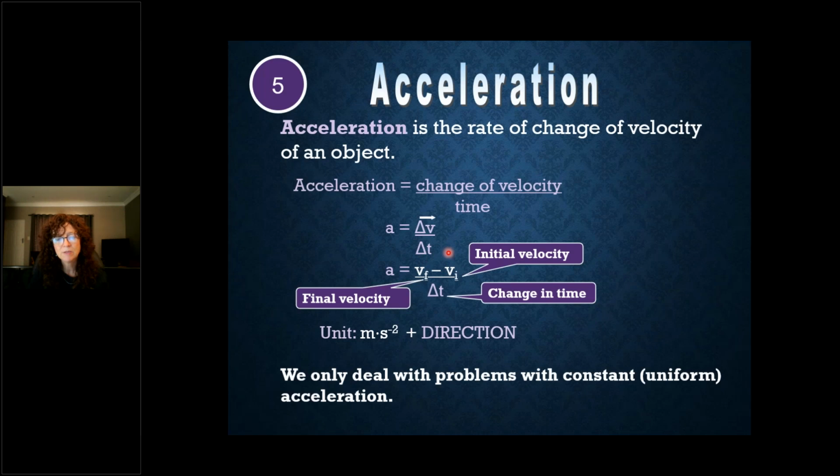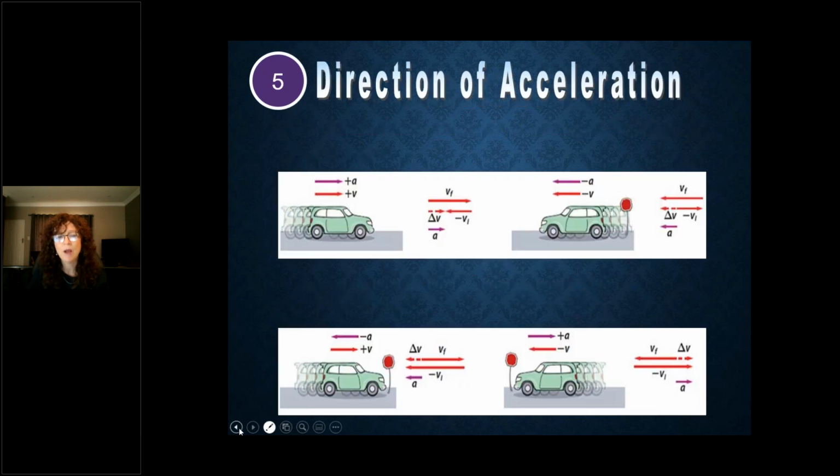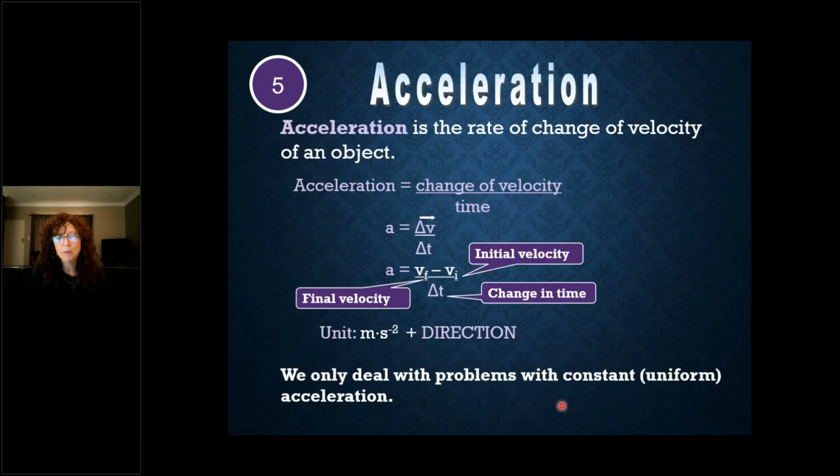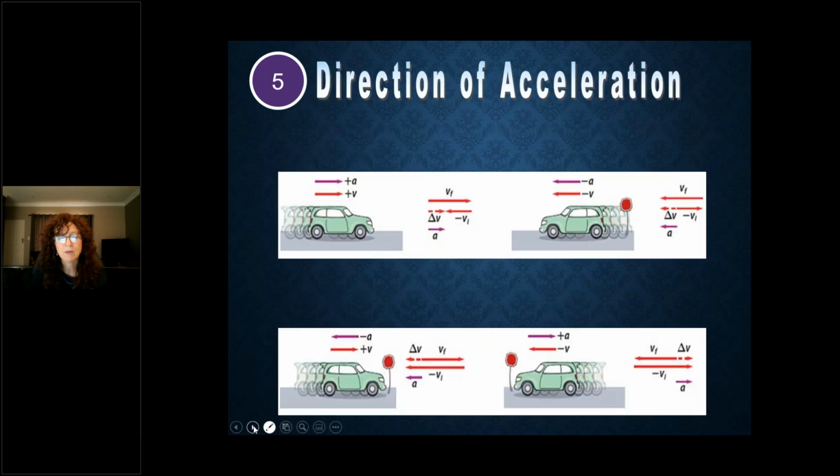We only deal with problems with constant uniform acceleration. Uniform is another name for constant. All right, so for the direction of acceleration, there's a confusion between these two with learners.